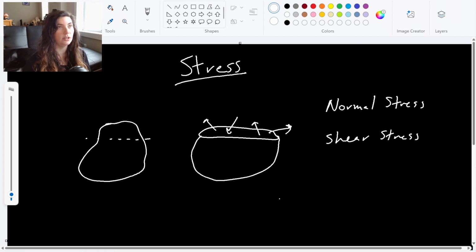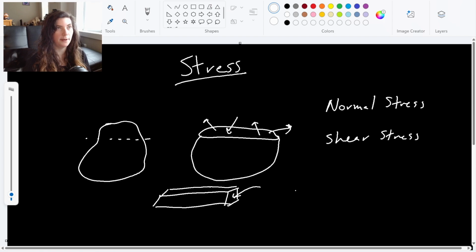And what those look like, if I were to take maybe my beam here, and look at the cross section on the end. So let's say I cut through a beam. Here's my end cross section.